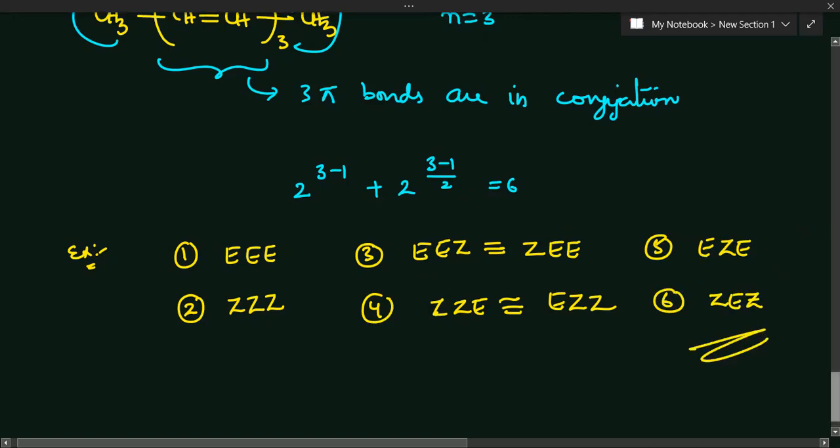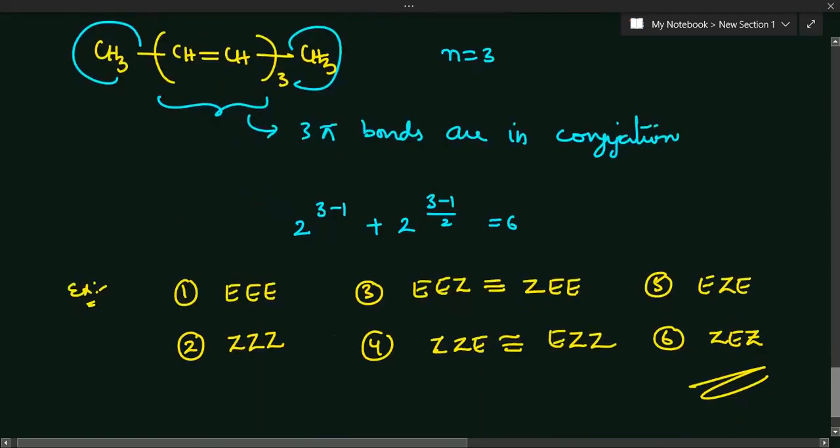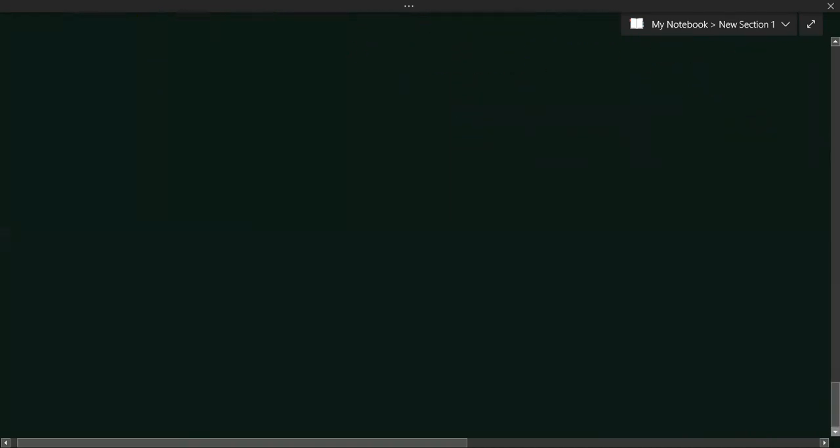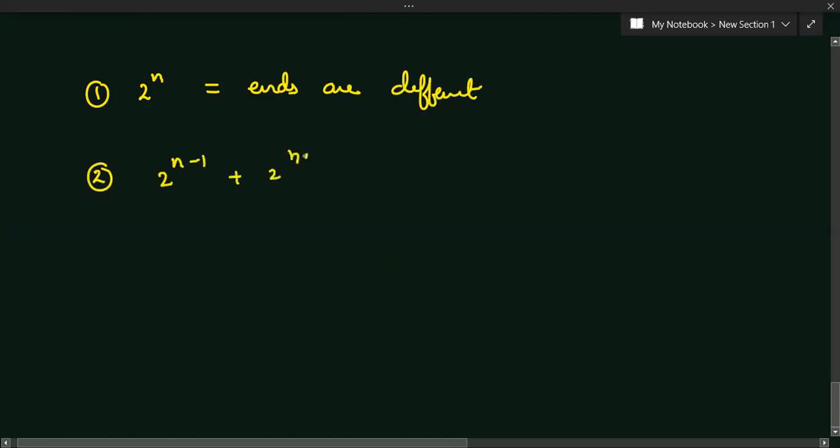So in this way, you can easily calculate the number of geometrical isomers. So once again, a recap. The first formula is 2 power n when ends are different. Very simple. The second, when ends are same and n is even, 2 power n minus 1 plus 2 power n by 2 minus 1.